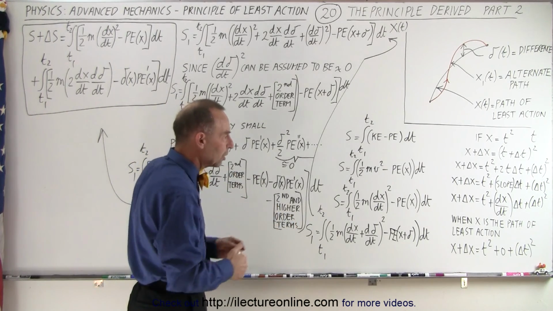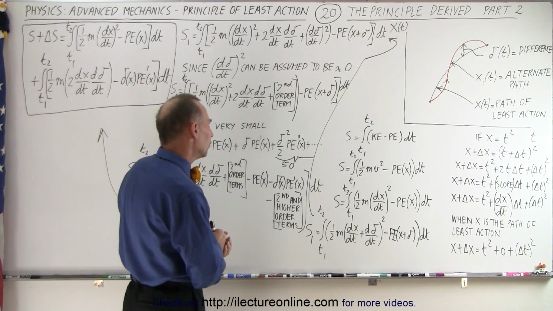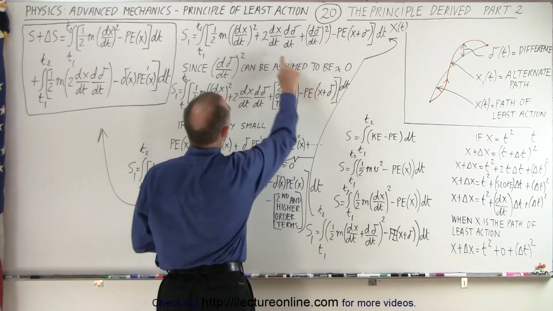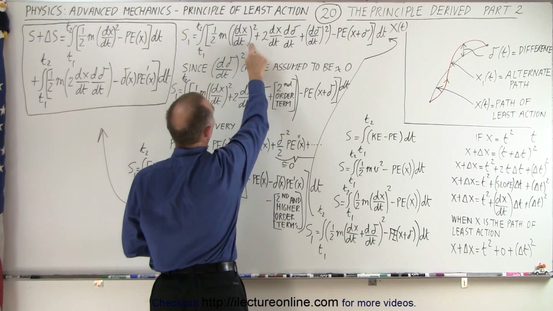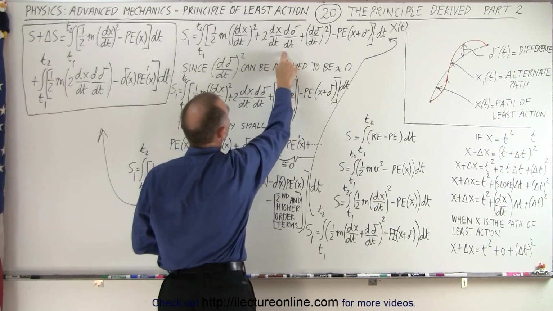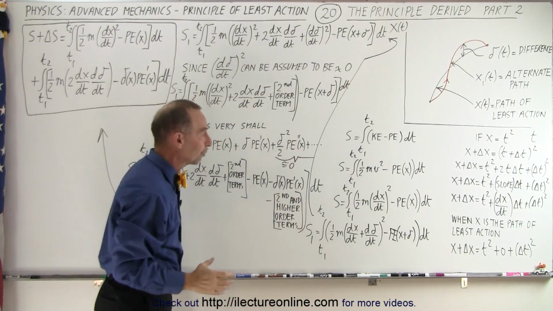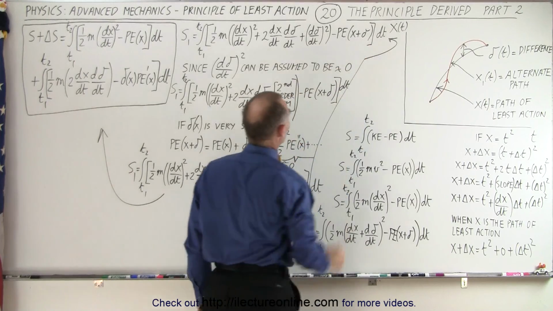Coming up here, when we multiply this out, we end up with three terms: (dx/dt) squared, 2 dx/dt d delta/dt, and (d delta/dt) squared. And of course, for potential energy, we end up with this.